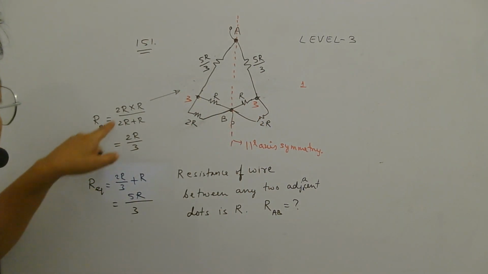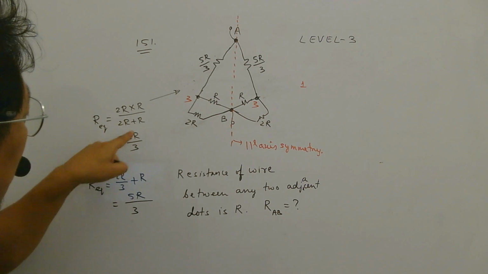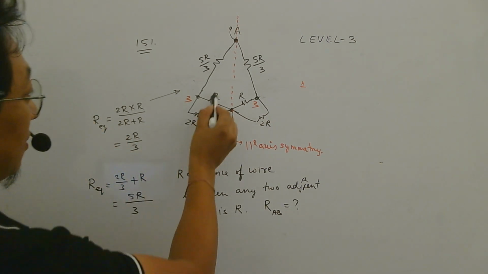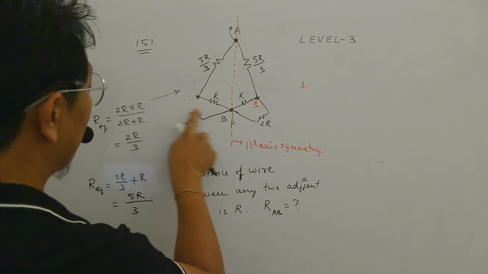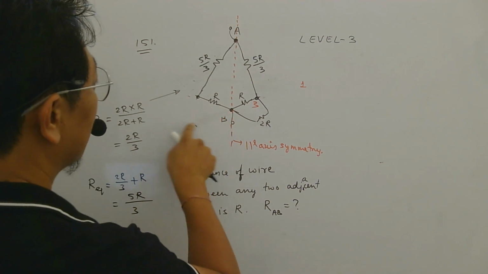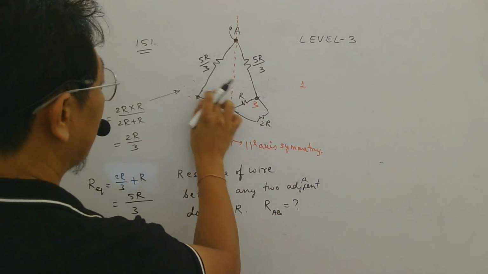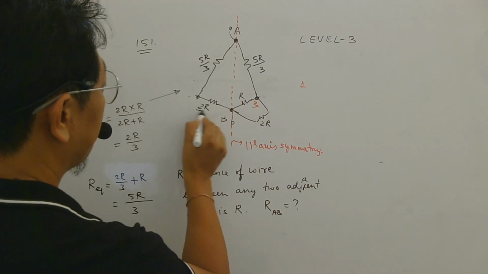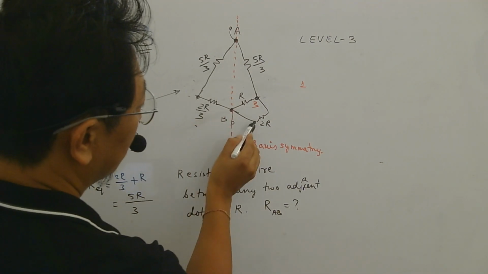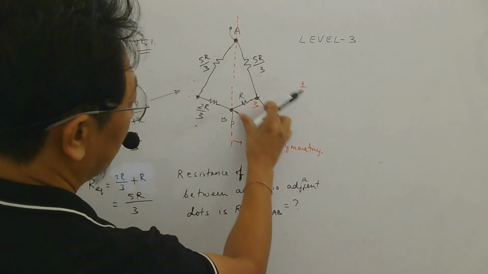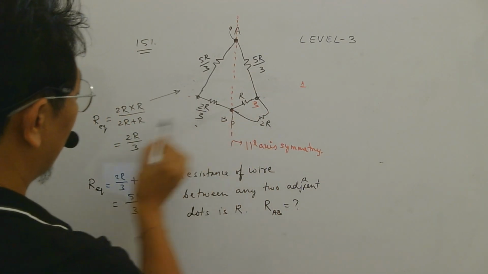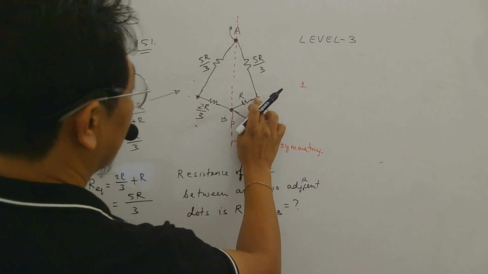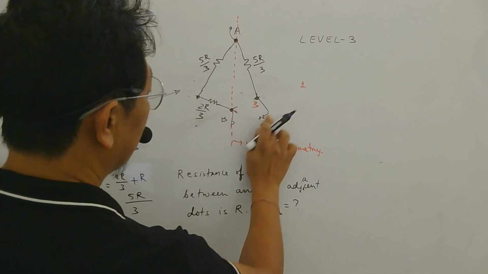So 2R and R in parallel, we already saw 2R by 3. So this equivalent resistance will be 2R by 3. So again I can replace this by 2R by 3. And these two are also in parallel. You can see same voltage will be there. And 2R and R in parallel, already we did calculation here. So that will be 2R by 3.